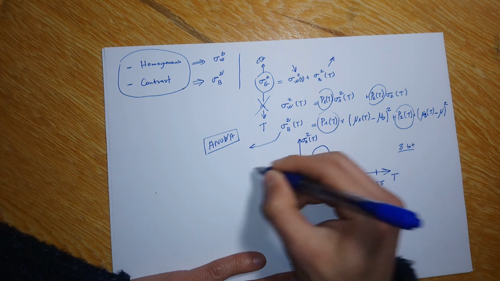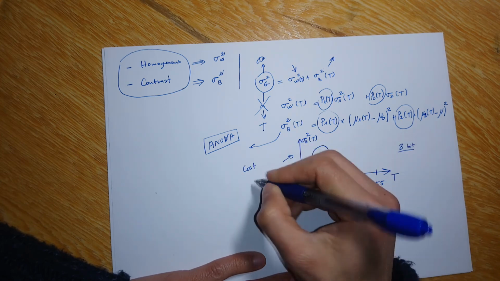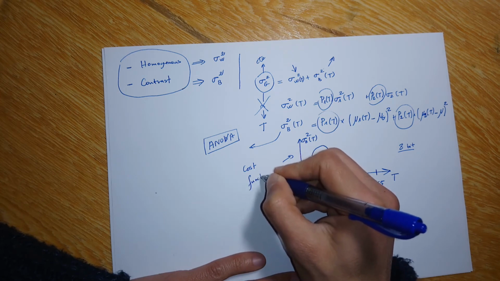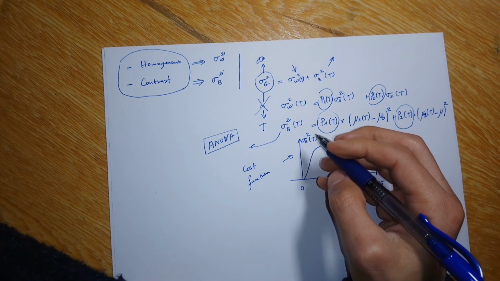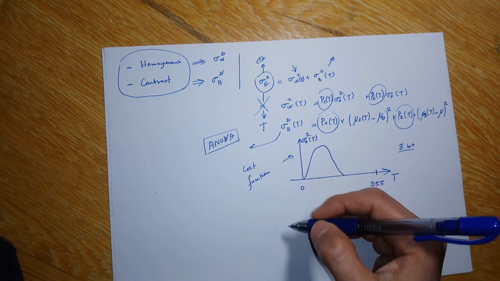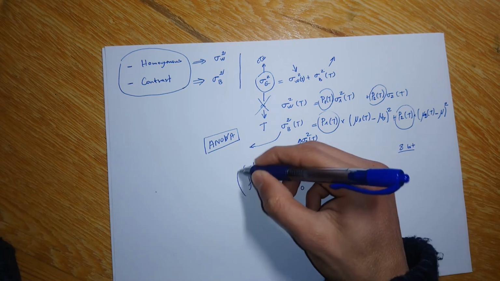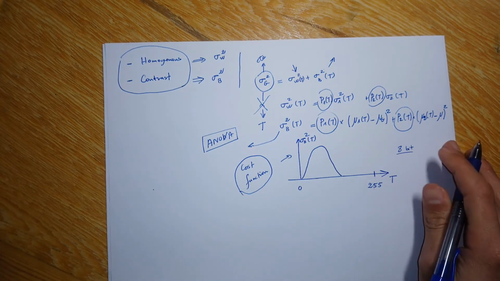This is just a name for that function. In statistics or machine learning, a cost function is just some function that we want to maximize or minimize. Anything we want to maximize or minimize is called a cost function in statistics.